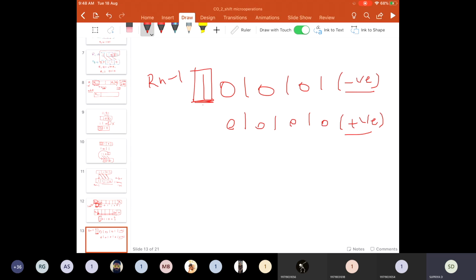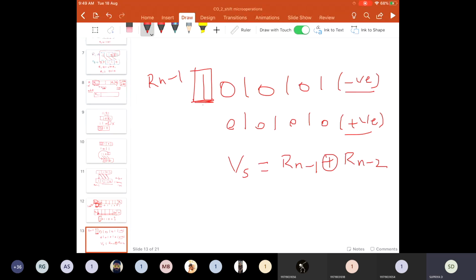So it can be seen whether there is an overflow or not. It can be detected. Arithmetic shift left overflow can be detected by using the formula Vs, in order to detect the overflow and store the result. We will be performing Rn minus 1 exclusive-OR Rn minus 2.